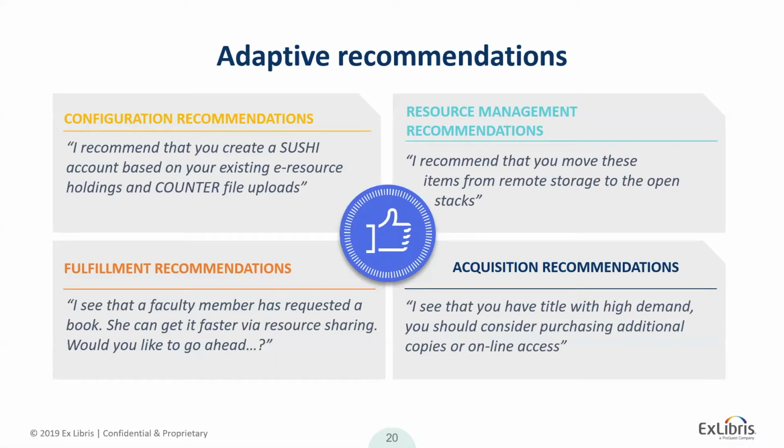And we know based on the behavior of other institutions that that vendor might provide a SUSHI interface to allow that data to be loaded automatically. Okay, so based on the fact that we see that you're loading data manually, and that other institutions are able to use the SUSHI interface, we can recommend that you activate a SUSHI interface with that vendor. And again, that frees you up from the manual work of having to load usage data.